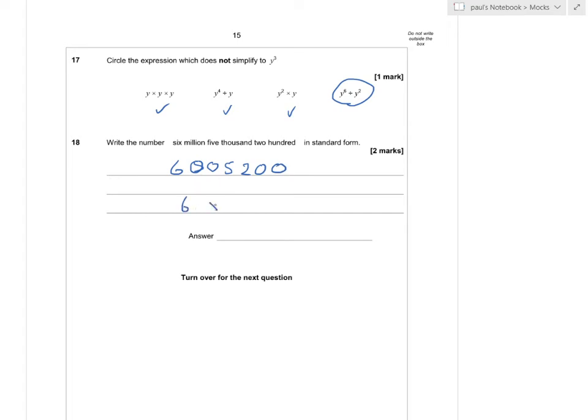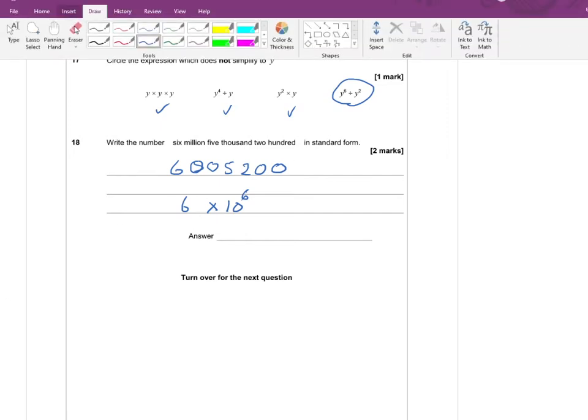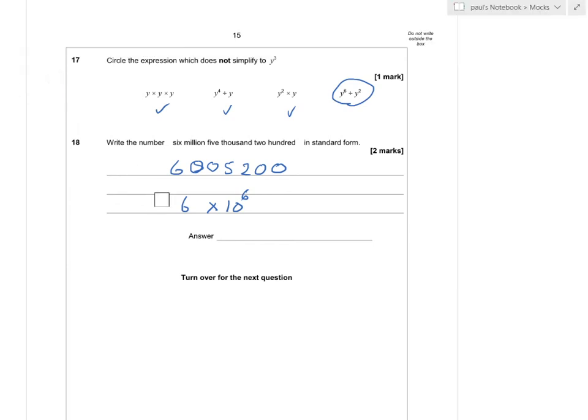So this is going to be 6 times 10 to the 1, 2, 3, 4, 5, 6. Oh no, what about all these other numbers? I forgot them. I know they were little numbers, but don't miss them out. So it's going to be 6.0052 times 10 to the 6.